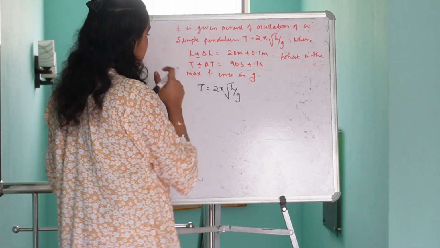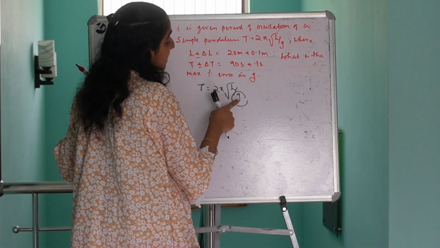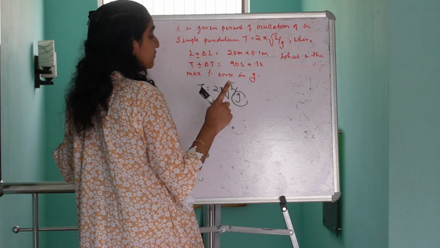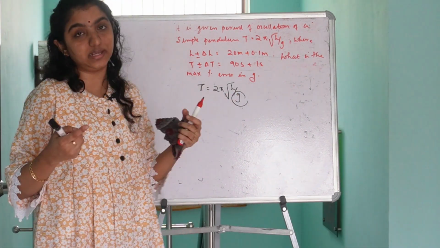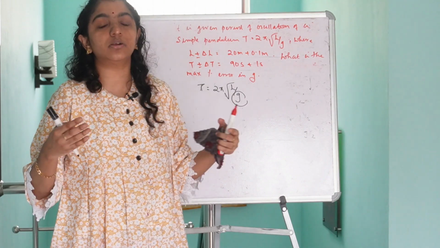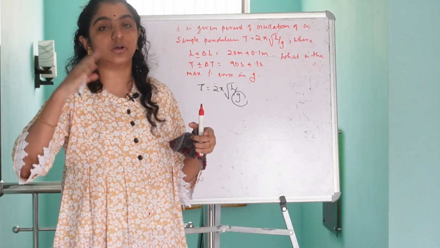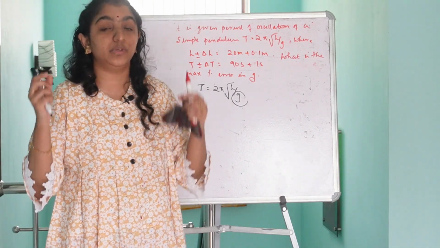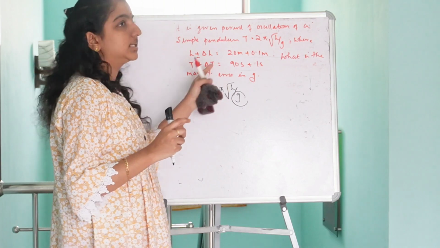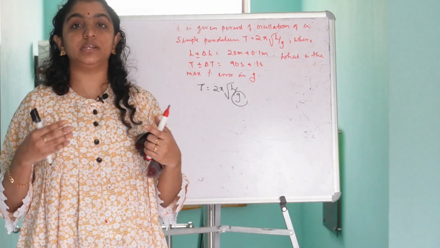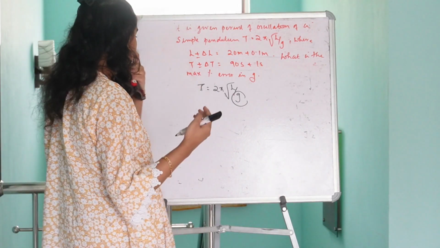So for finding the maximum percentage error in G, first we have to find how G depends on these two quantities T and L. From this given equation, we have to find what G is equal to in terms of T and L.